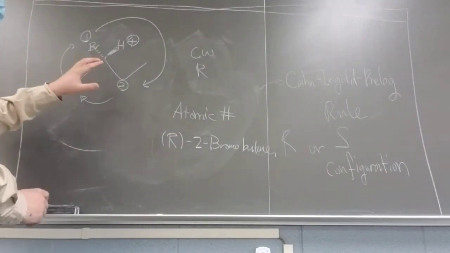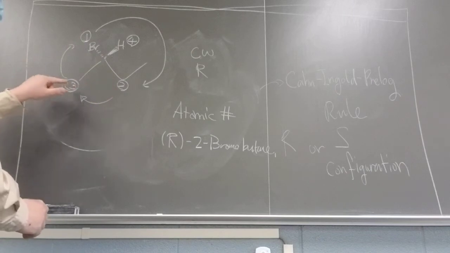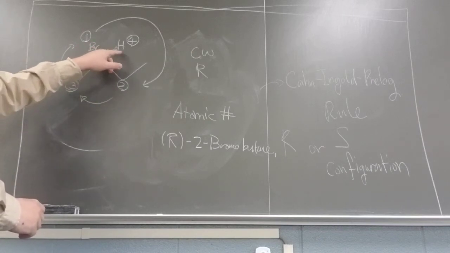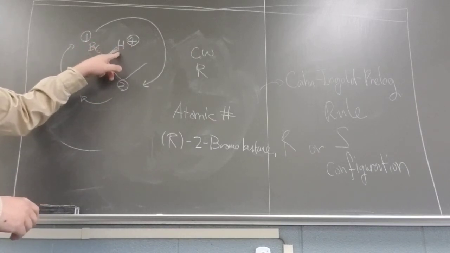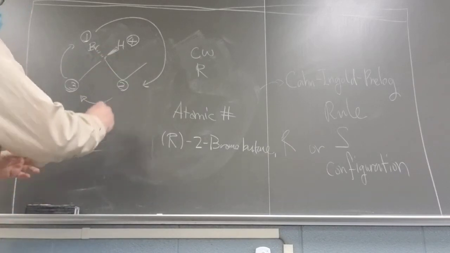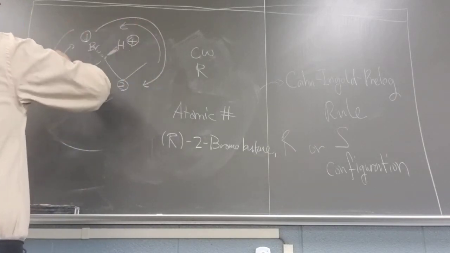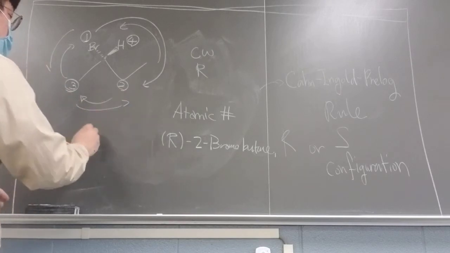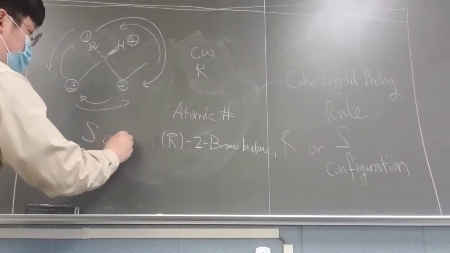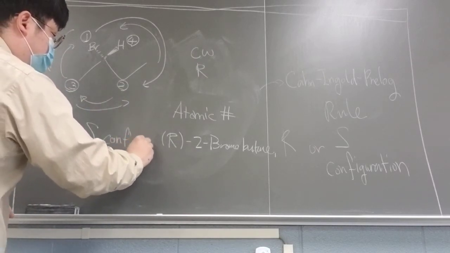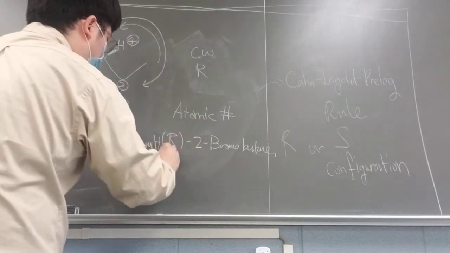So if that is the case, whenever you do this, one trick you can use is to just prioritize the way it is. And if you look at number 4, it's on the back, okay? When it is on the front, just flip it. And that is the S configuration. Okay?